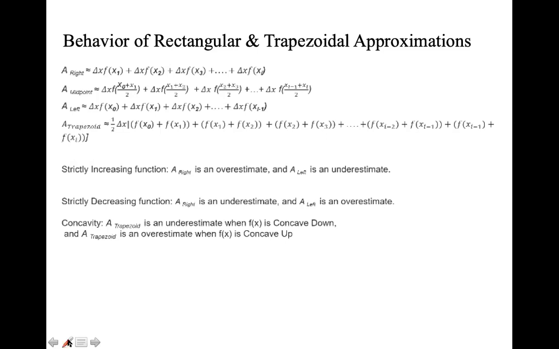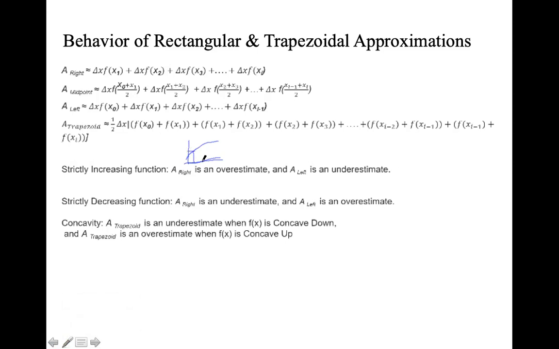If a function is strictly increasing, let's talk about what's happening here. I'll draw some x and y axis here. If I put in my rectangles, and I'm using right rectangles, so here's my first subinterval.